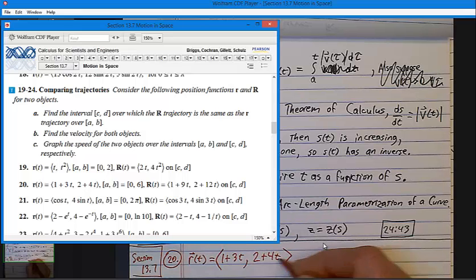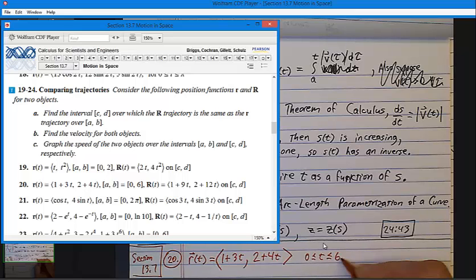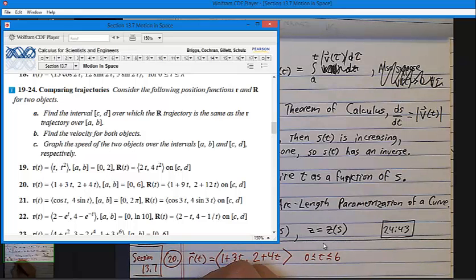Okay, and they're saying here AB is 0, 6. So what I'm going to do is say 0 less than or equal to t less than or equal to 6. Okay. And then the other curve, capital R of t, I'll do it in a different color.